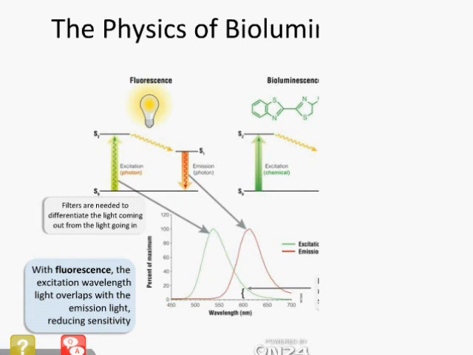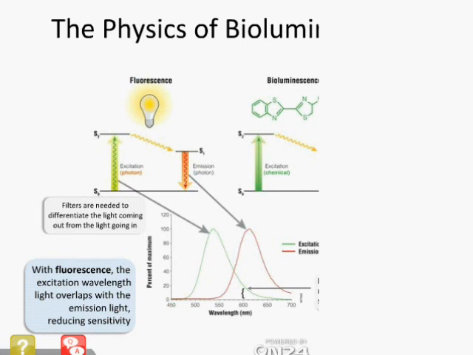Filters are typically required to differentiate the light that's coming into the system from light going out. This high influx of photons can often lead to higher backgrounds, largely due to a few factors. One, the need for a detector to distinguish between the excitation and the emission, and also interference from weak fluorophores that are typically present in biological samples. Sensitivity sometimes can be decreased because there is most often an overlap in the excitation and the emission spectra, as shown on the bottom.